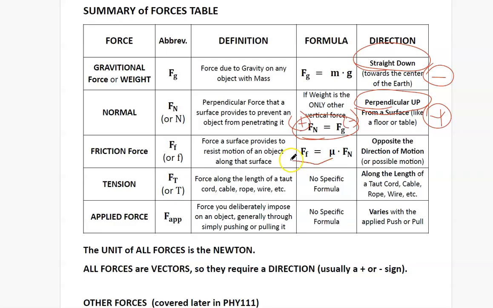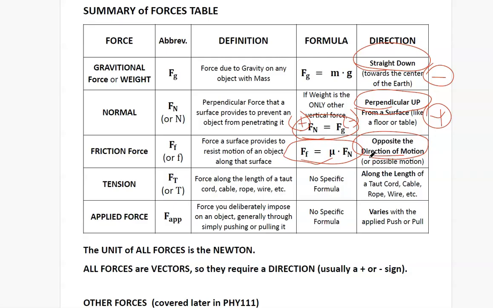Our formula is the frictional force equals a constant, which we call the coefficient of friction, times the normal force. It is always in the opposite direction of motion. That might be to the left, to the right, up, down, or diagonal. It all depends on the direction of the motion. So I'm not going to assign it a positive or negative, but usually if the applied force is to the right, the frictional force is to the left.